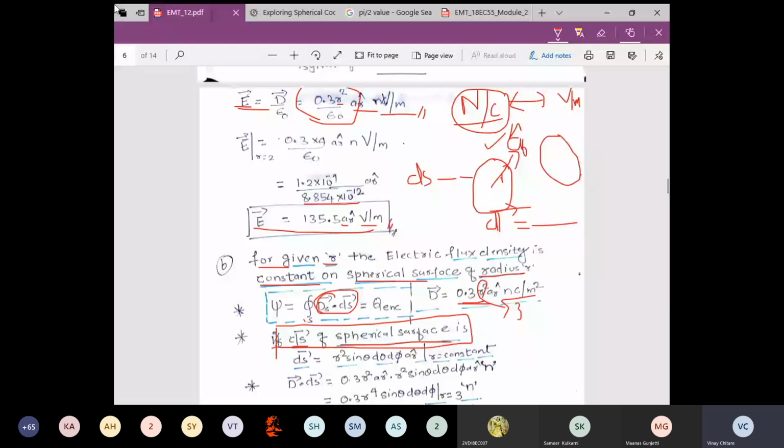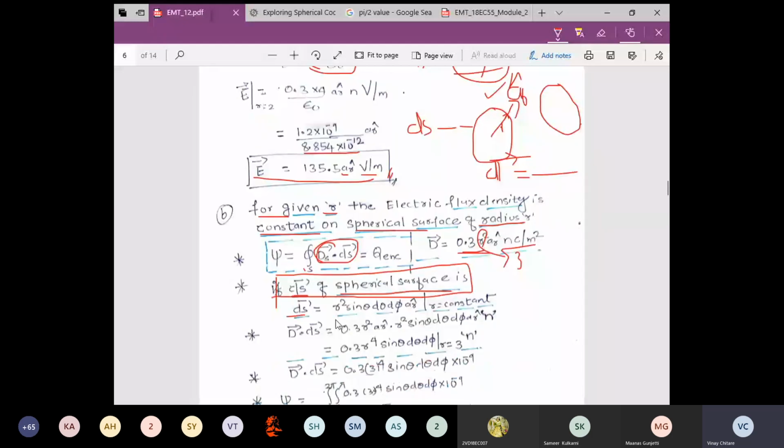And you could see it leads to r squared sin theta d theta d phi a_r hat. And also we know that r will be constant on that particular surface. So now this is what we have as the differential area, r squared sin theta d theta d phi a_r hat, and on that surface r is equal to constant.